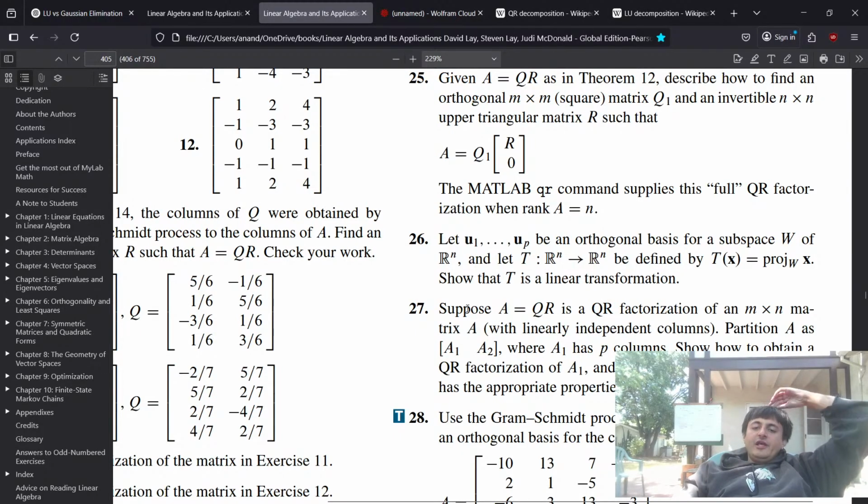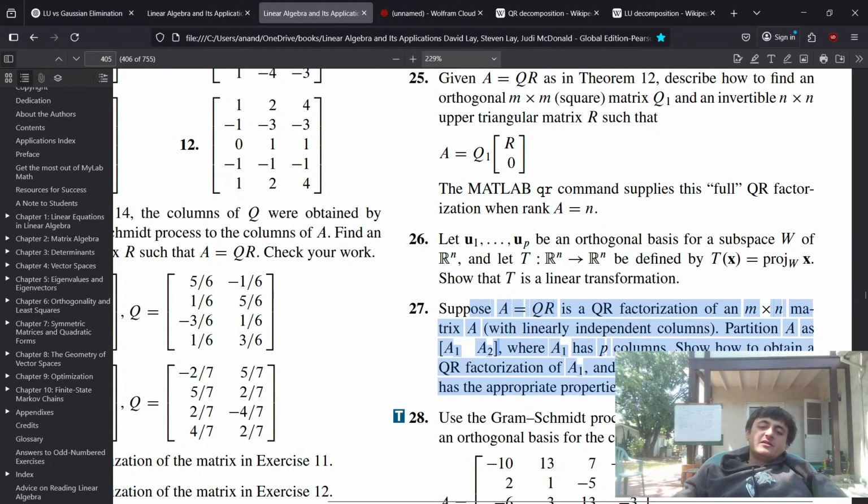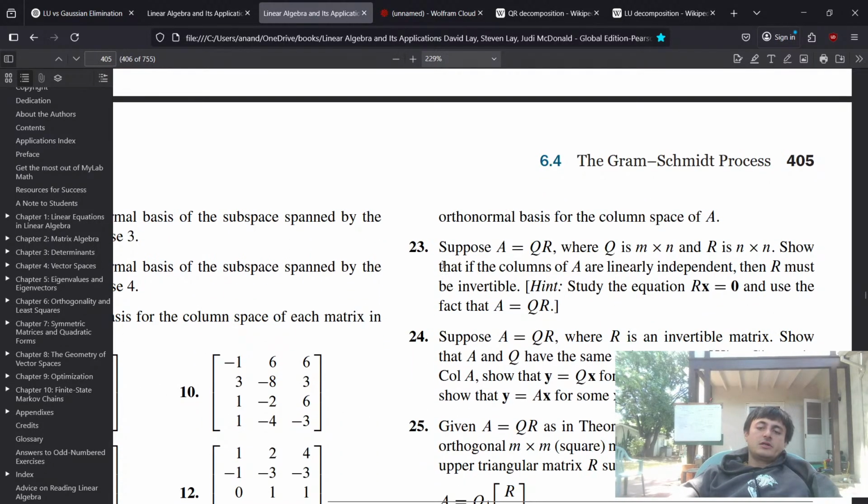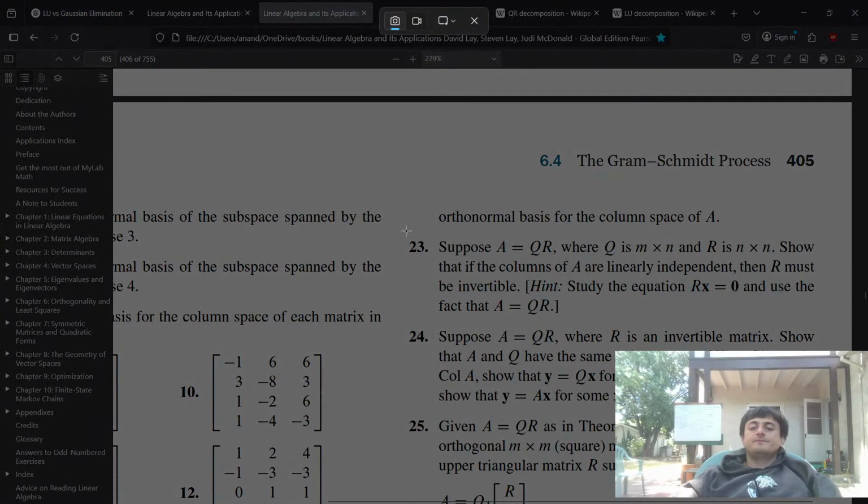Okay, so I don't know the answer to this, but it depends on the fact that the Gram-Schmidt QR factorization forms something where the first k columns of A have the same span as the first k columns of Q. That's what it all is about. I do want to look up the answer to this one though.